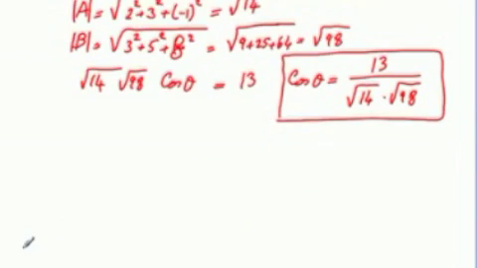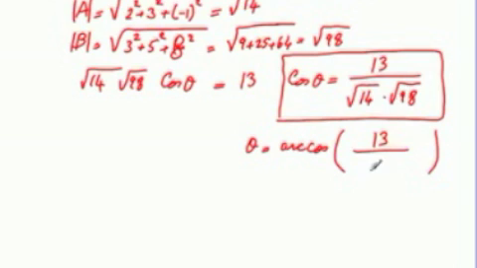And then you have to use your calculator on its inverse button. This is called arc cosine or cosine inverse of this quantity. You can combine the two radicals, and of course if you pay attention you can simplify this a little bit.